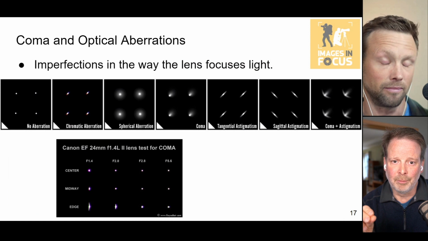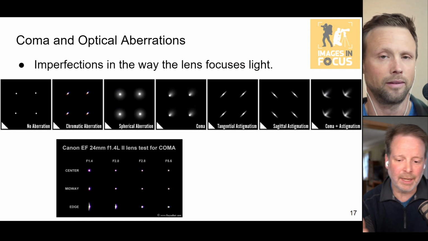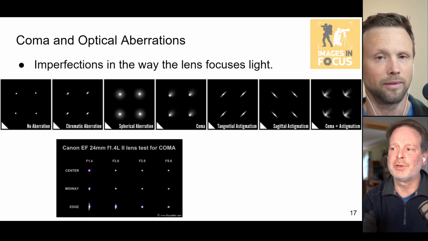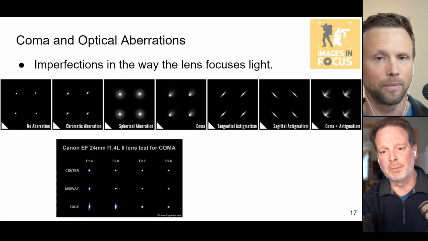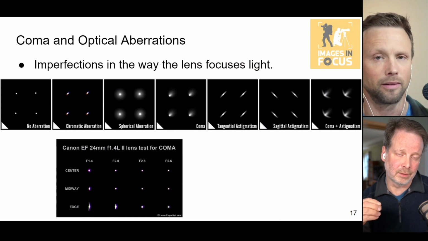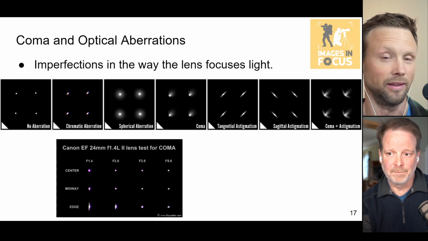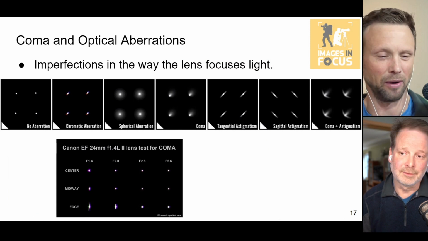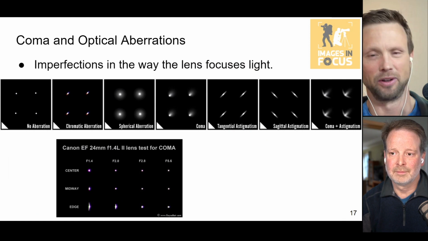Even if you're shooting at a wedding and you have some little Christmas lights in the background, you're not going to see coma appear in those situations, because that's going to be more controlled by your bokeh. Correct? Yeah, that's correct. Right, and how pleasing the bokeh is, versus necessarily these optical aberrations.